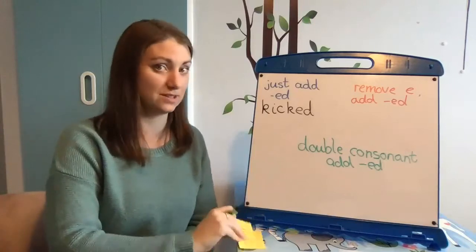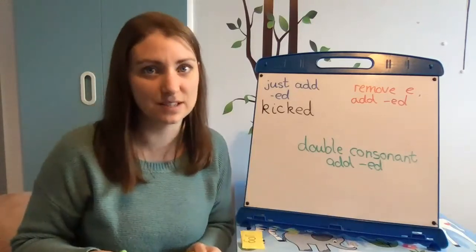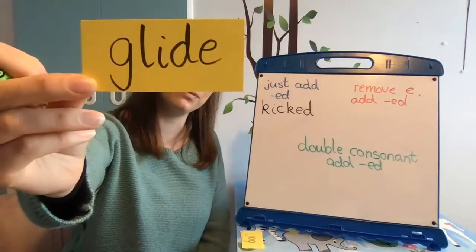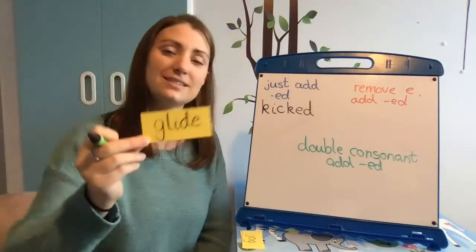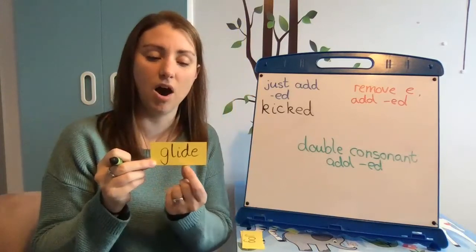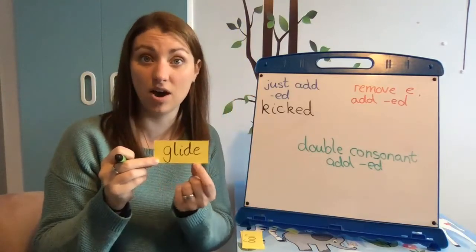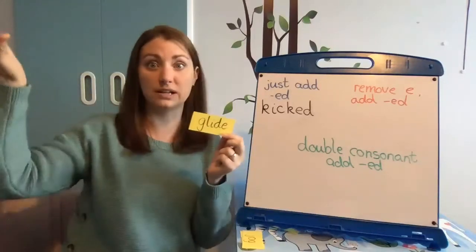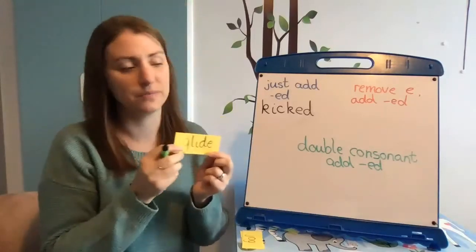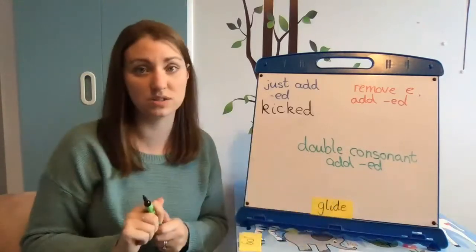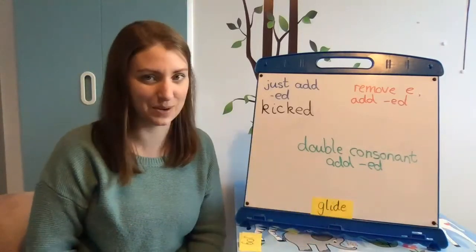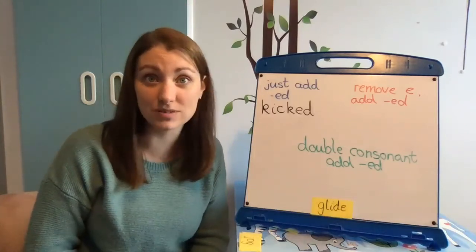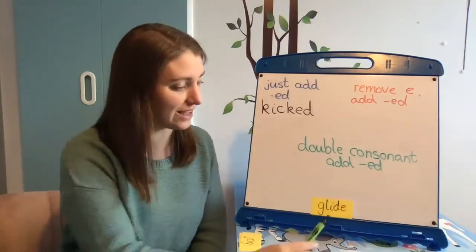Okay, let's look at this one, shall we? So what does this word say? This is present tense, isn't it? What does it say? It says glide. Glide. I glide along. Now the bird glides through the air. What's going to happen to the word glide? Well, hang on a minute. I've seen something that tells me straight away what's going to happen. Have you seen it on the end of the word?